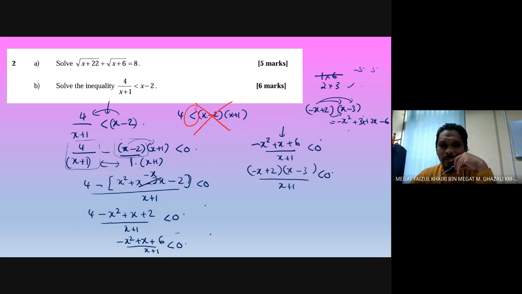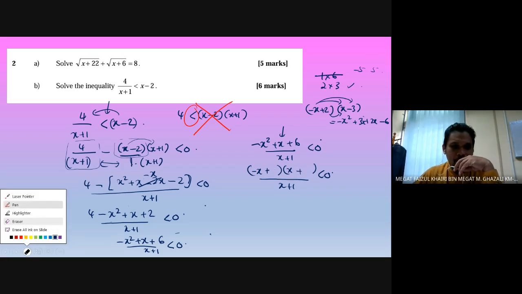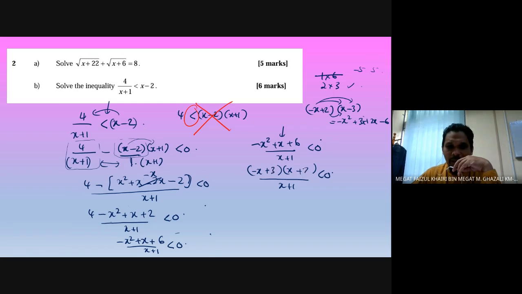Cannot. Which I think they are supposed to be here. Negative X squared, negative 3X. No, reversed. Sorry.